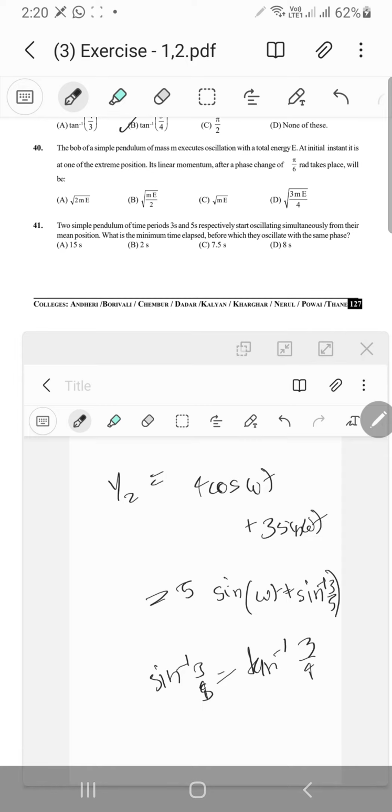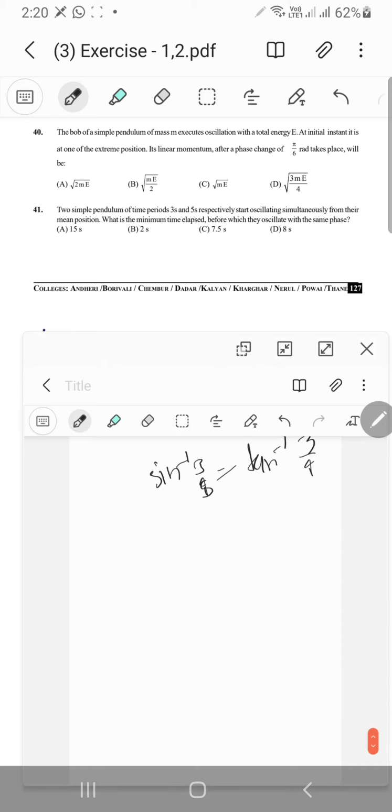Next question. A bob of a simple pendulum of mass m executes oscillation with total energy E. At initial instant, it is at one of the extreme positions. Linear momentum after a phase change of pi by 6 radians takes place will be.